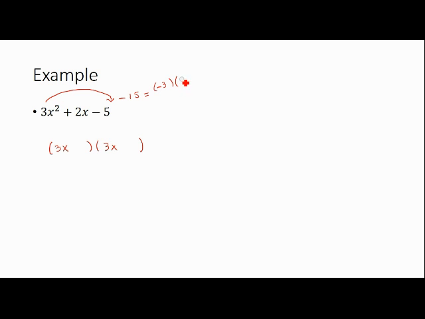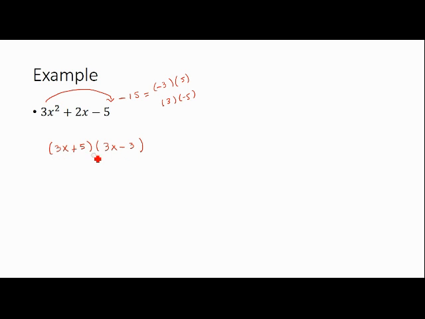It's -3 times 5 or 3 times -5. As we can see, this is negative, so they have different signs, but the biggest number has to be positive because the sum is positive. So we can write this as 3x plus 5 and 3x minus 3.